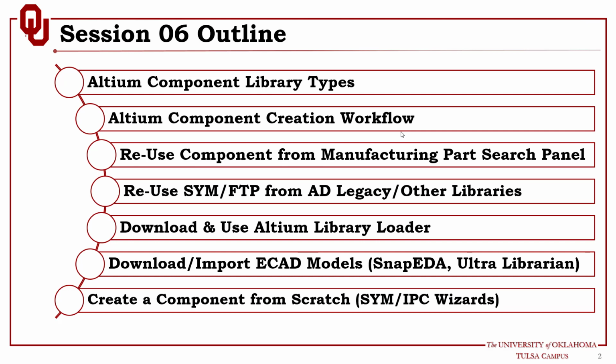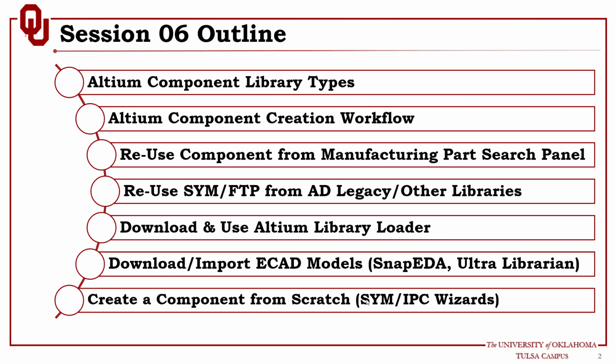Next, we will talk about reusing symbols and footprints from Altium Designer legacy libraries, in addition to other libraries we might be able to find online or from different vendors. Next, there are some nice tools. They are very handy. We can use them, such as Altium Library Loader, and also there are ECAD models available on SnapEDA, Ultra Librarian, and other tools or websites.